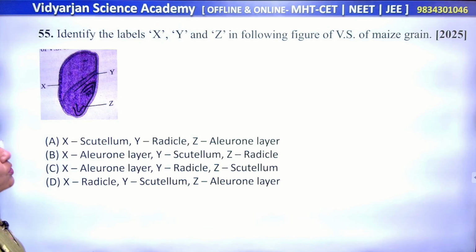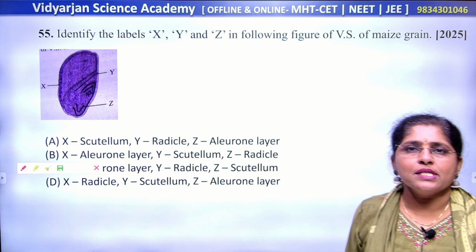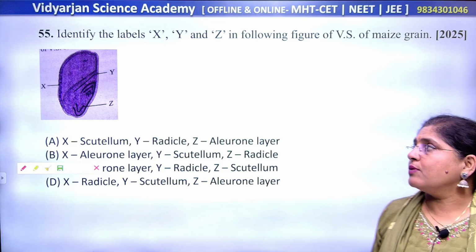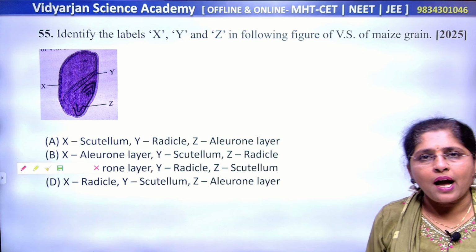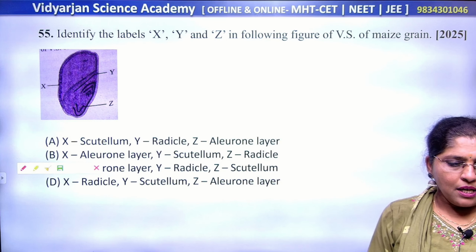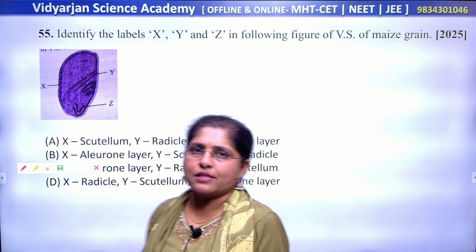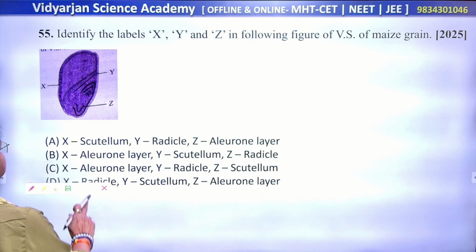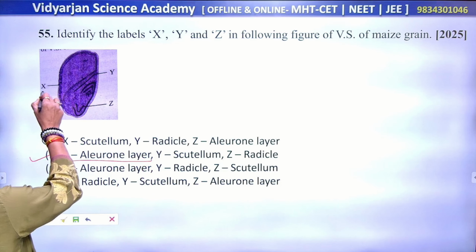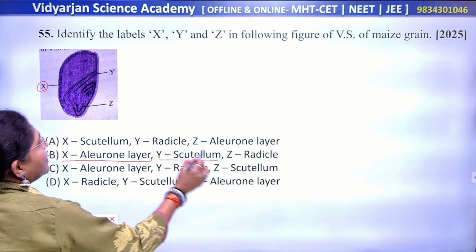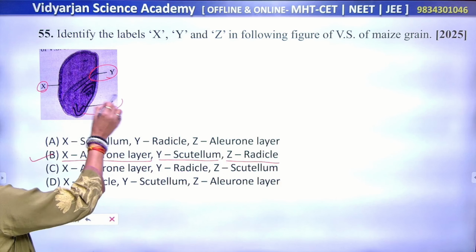Now one more question is a diagram based question. See the diagram carefully. What is given in the diagram? Just see what is given in the diagram, X, Y and Z, and we are supposed to identify the parts. What should be your answer? Now see, here B is the correct answer. X will be the aleurone layer, Y will be the scutellum, and Z will be the radicle.